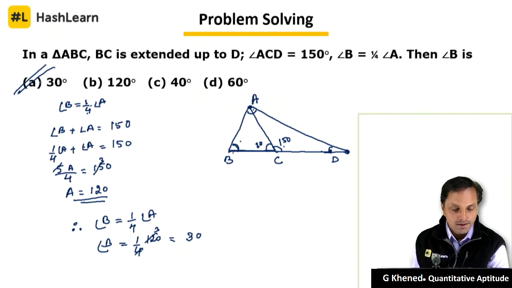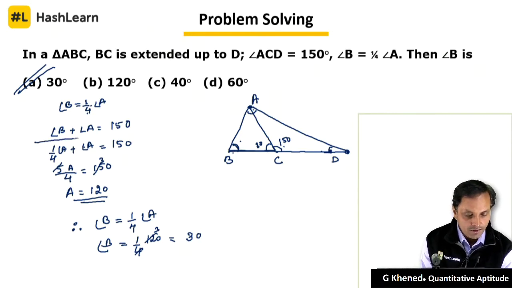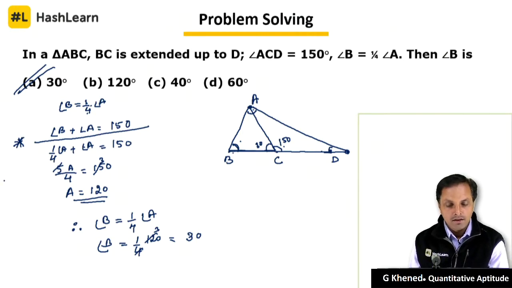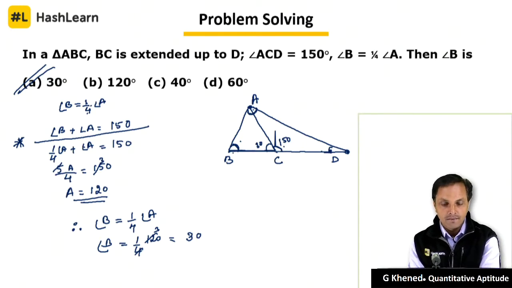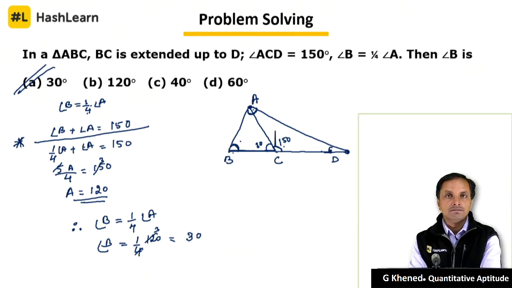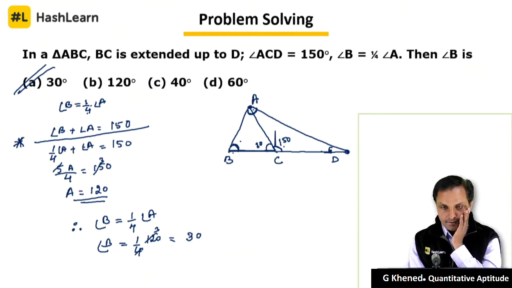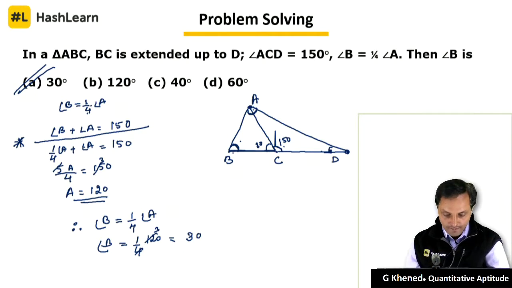So here this is one important note. In a triangle, angle B plus angle A will be same as 150 degree. Okay, then we shall go to the next problem.